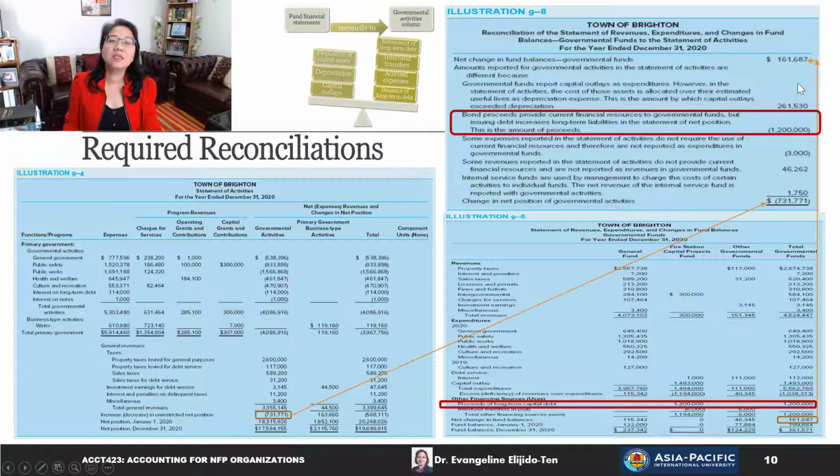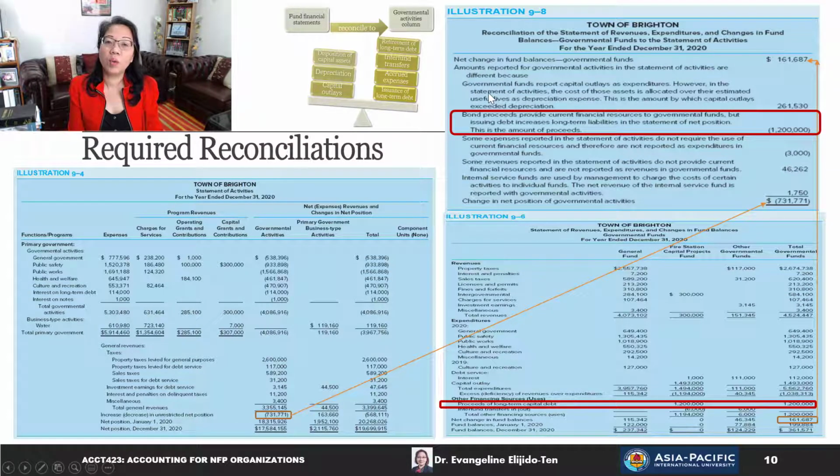All right. If it is and it is excluded from the other figure, then you'll need to know whether the reconciling item has been included or not included. All right. So let's just have a look at this example. These are the amounts reported for governmental activities in the statement of activities that are different, all right?